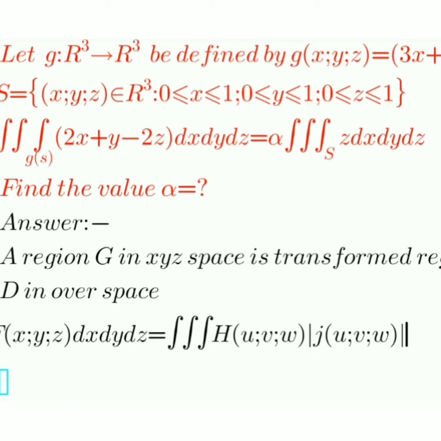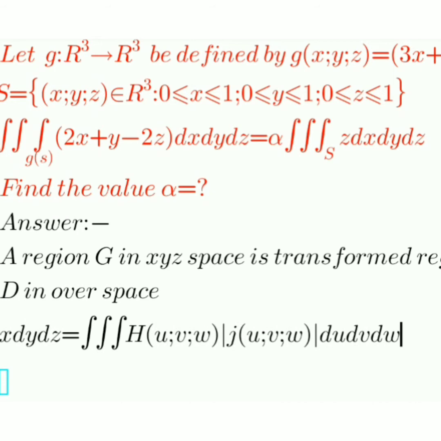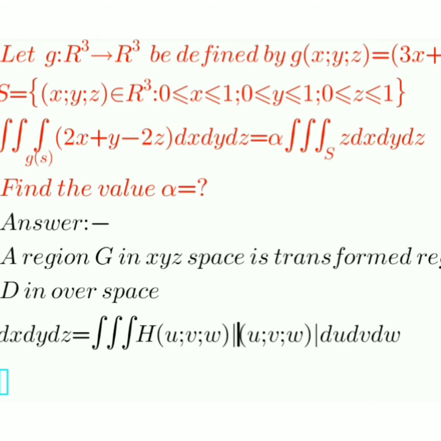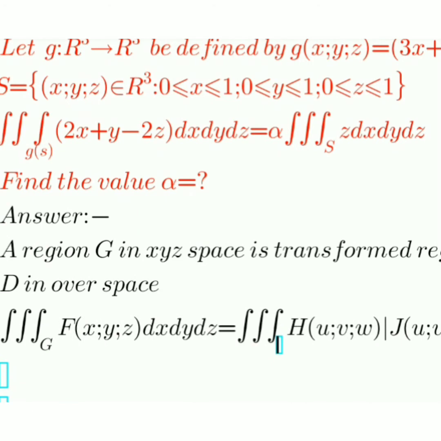This is the value I get, and I get du into dv into dw. So friends, this is my total valuation, and my space and region should be changed because the region is G and it should be transformed over D. This is the total formula, friends, and now you will see G to S transformed into S.